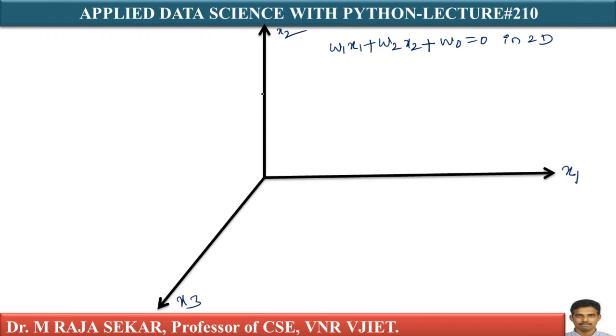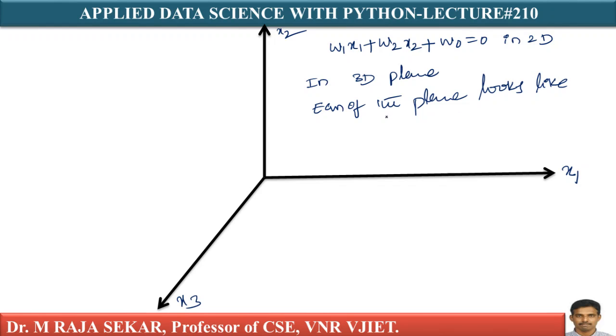The equivalent of a line in 3D is a plane, isn't it? In 3D it must be a plane, and the equation of the plane looks like, you might have learned this equation in your primary classes. Let me recall.